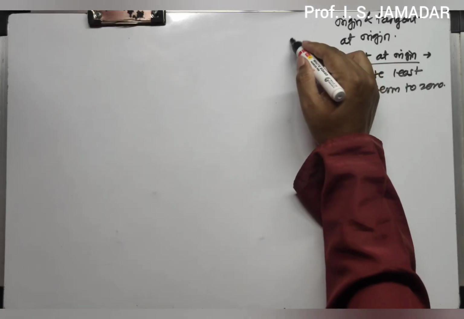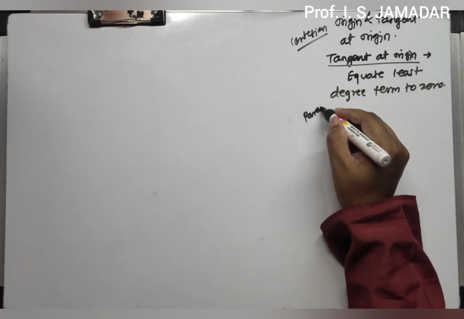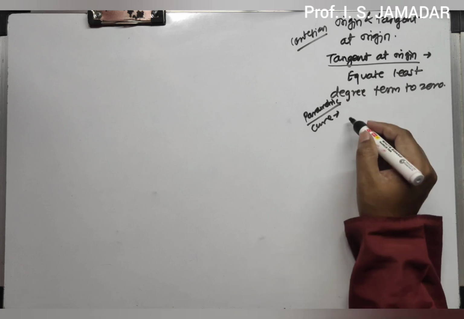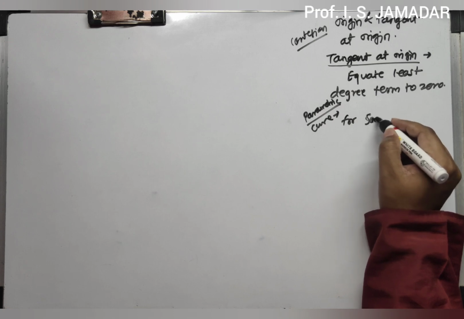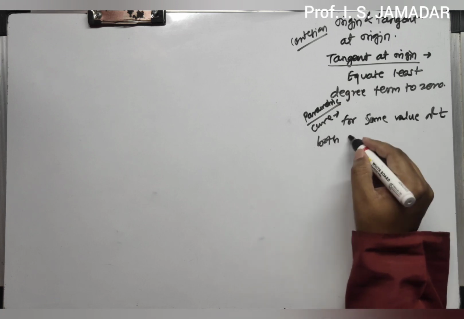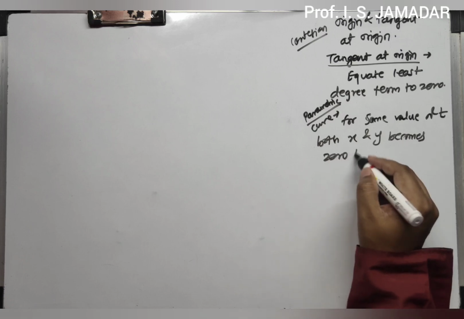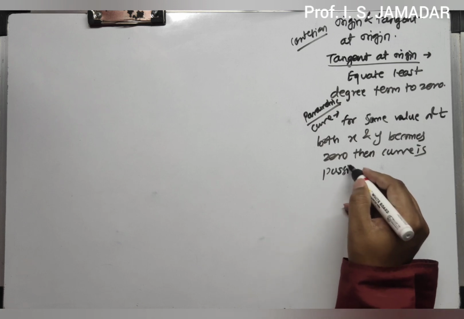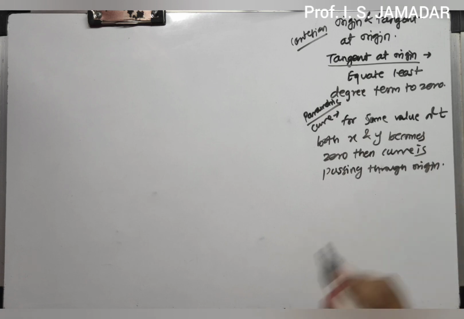For a parametric curve, if for some value of t both x and y become 0, then that curve is passing through origin.